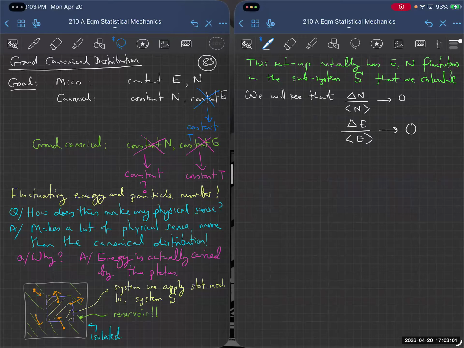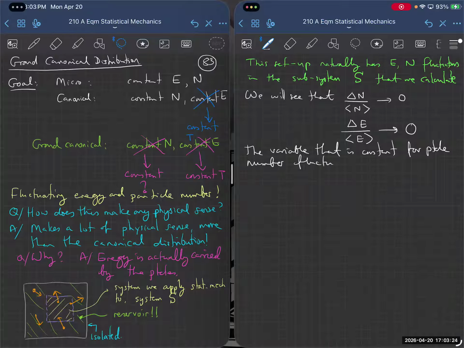And the thing that holds the system constant, the variable that is constant for the particle number fluctuations, is the chemical potential. So that's the physical picture.